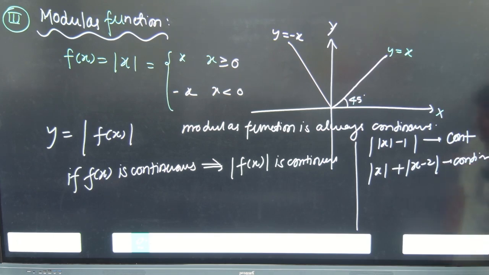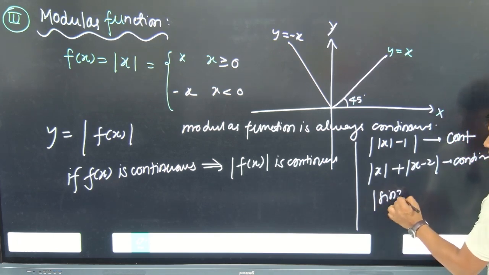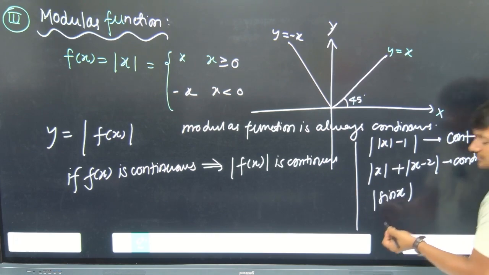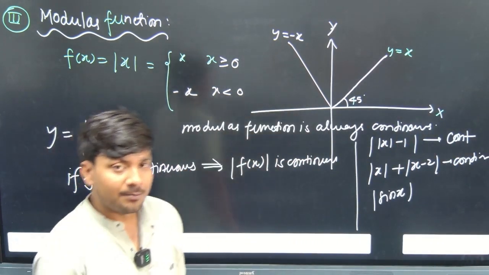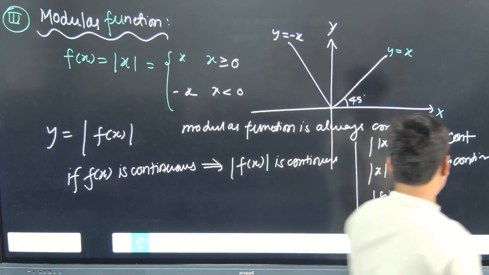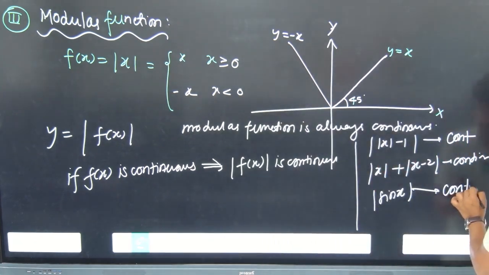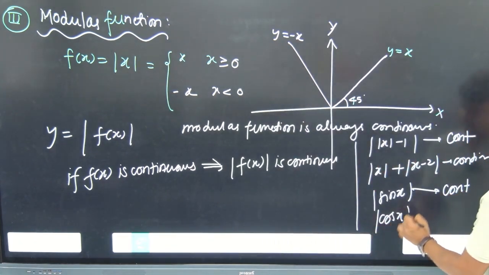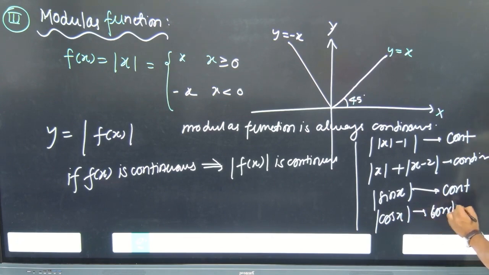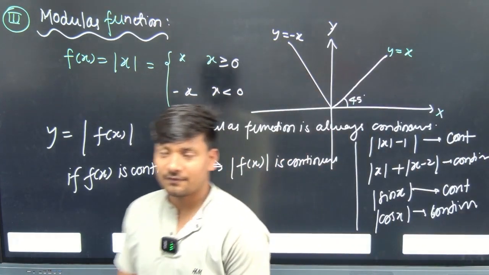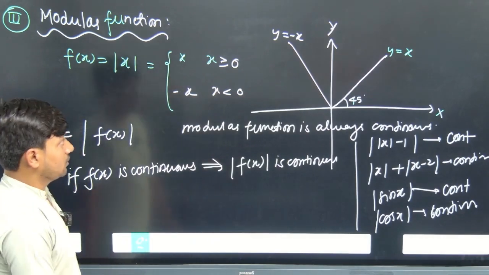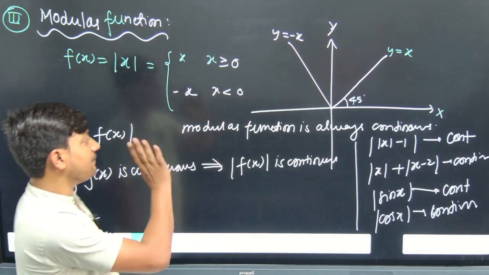Mod sin x, so we know that sin x is a continuous function, hence mod sin x is also continuous at every real point. Okay, so this will also be continuous. Mod cos x, this will also be continuous. Okay, so modulus function does not affect the continuity of any function. Okay, so clearly we can see this also by the graph.